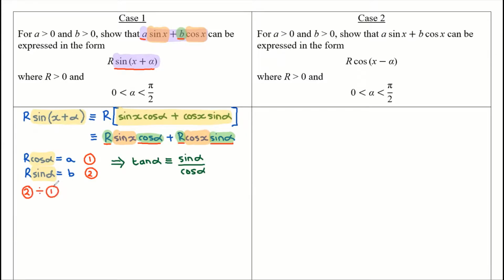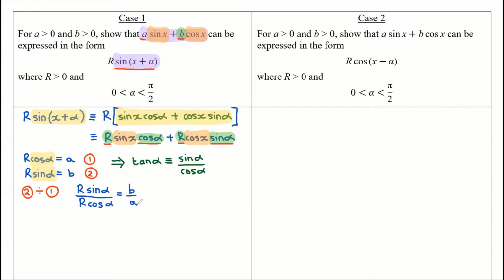Now, if I do that, I can bring the tan alpha into play. So let's set this up. On the left-hand side, r sine alpha divided by r cos alpha must be equal to, comparing the right-hand sides, b over a.